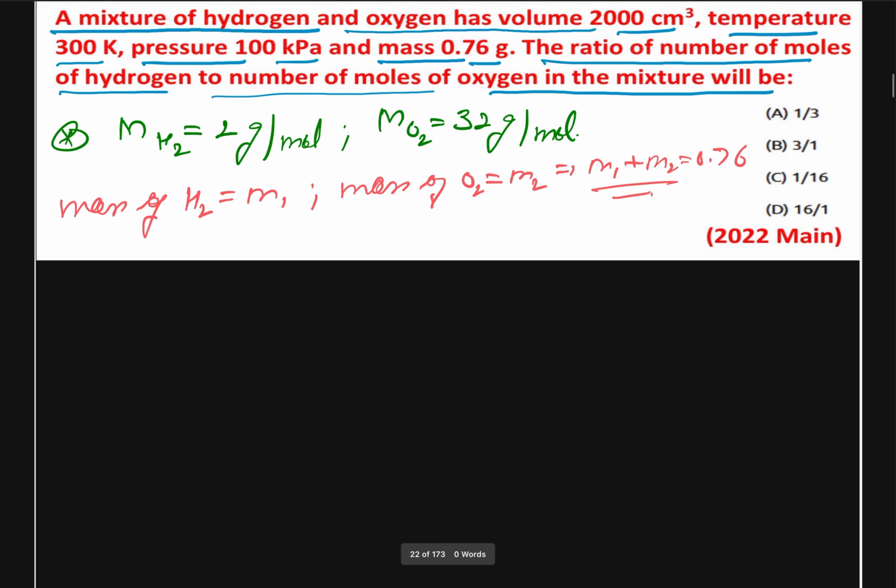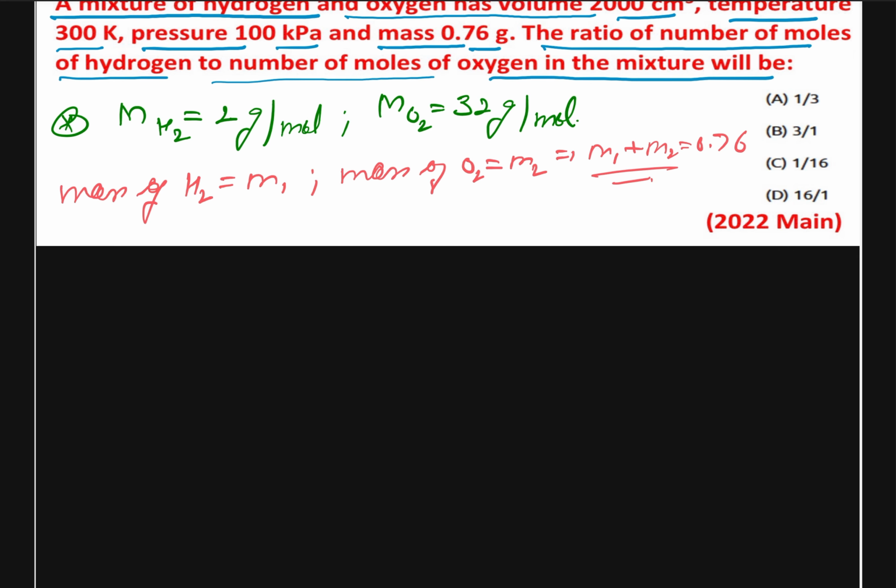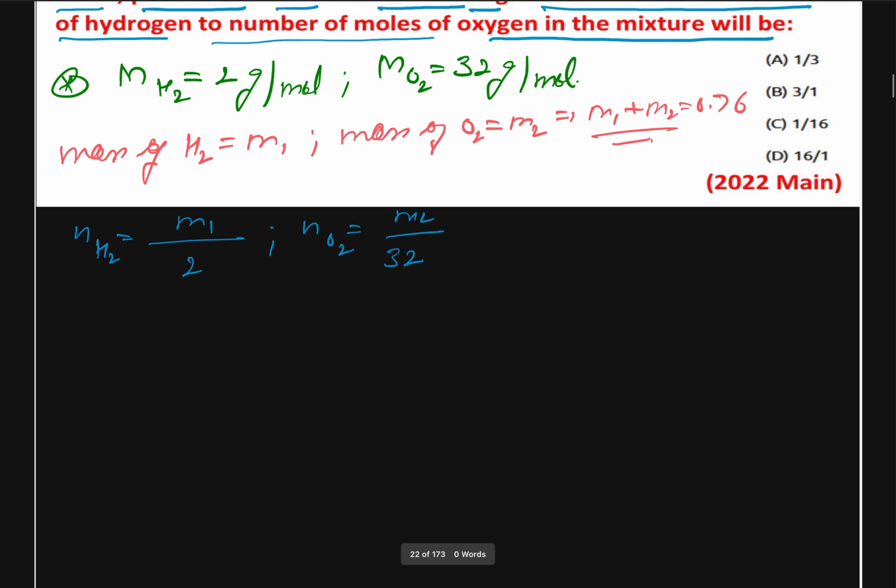From here we can also calculate the number of moles. The number of moles of hydrogen will be equal to M1 divided by its molar mass, and the number of moles of oxygen will be M2 divided by its molar mass, that is 32.